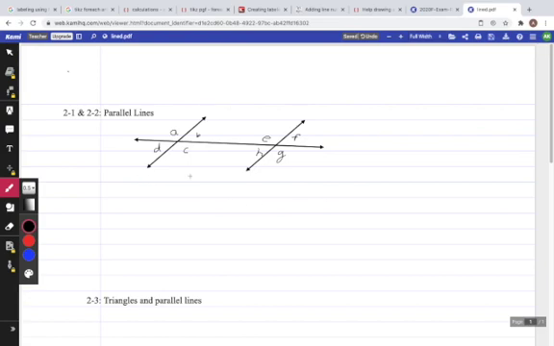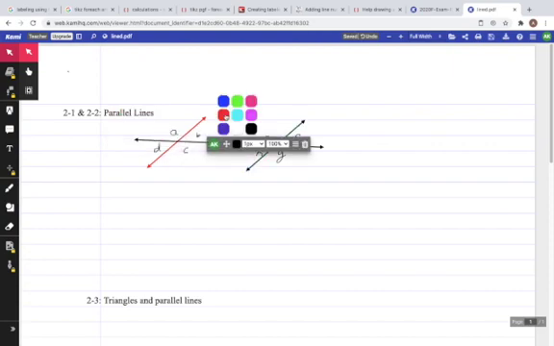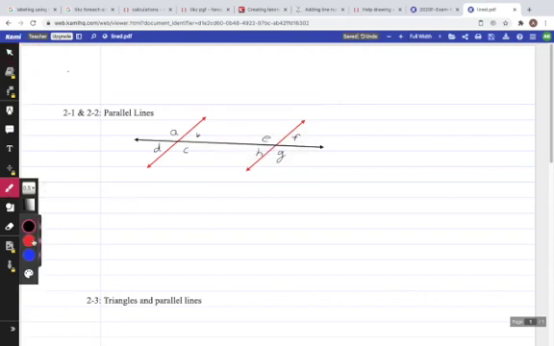The first thing is when we have parallel lines, which I'm going to make red so that we can differentiate them. We have two lines that are parallel, and we have a transversal.